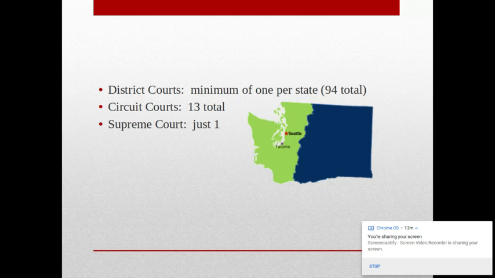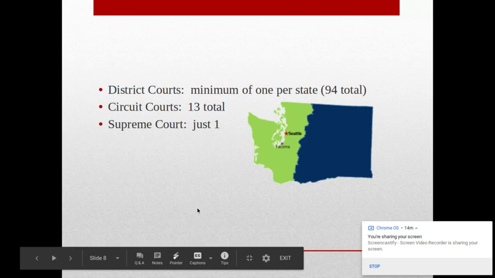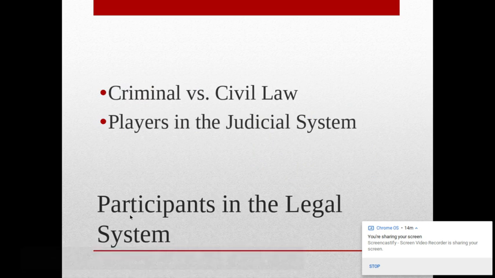They serve for life, and these are trial courts. So in the example I just gave you, this man was put on trial because he violated a federal law. He has an attorney. The United States has an attorney that's prosecuting him for violating a criminal act. I'm going to talk about that here in just a moment. Hopefully that's clear. If you have questions, please write them down. I really want to hear them.